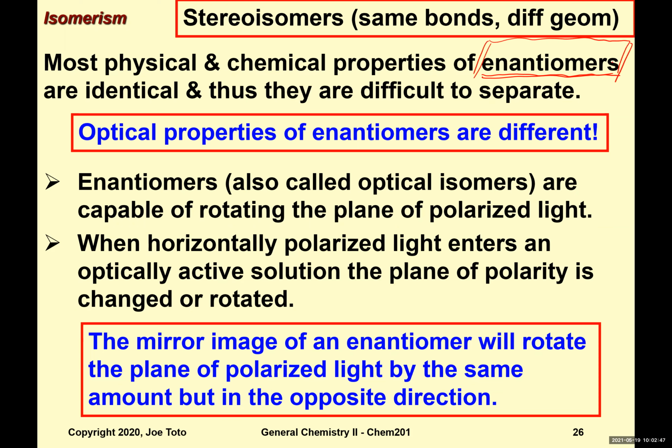Optical isomers, enantiomers. What else do they call them? Oh, chiral molecules. If a molecule has a chiral center, then that's another way of saying if you put it up in front of a mirror, it's non-superimposable. So you're going to run into all these other names meaning the same thing.